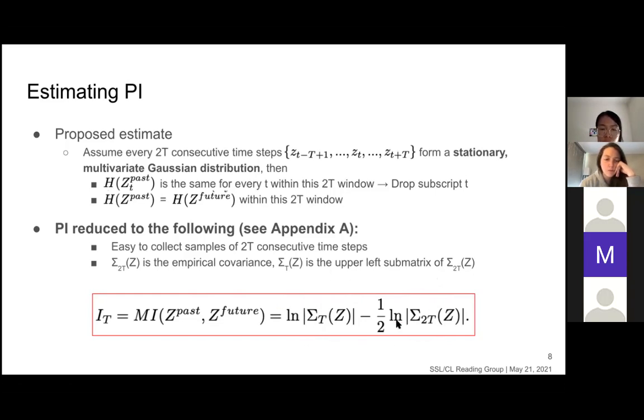This gives us a very nice property because it is easy to just collect samples of 2T time steps and compute the empirical covariance. And once we have the empirical covariance of 2T, we will have sigma T already because it is just the upper left submatrix of sigma 2T. All right. Any questions here?